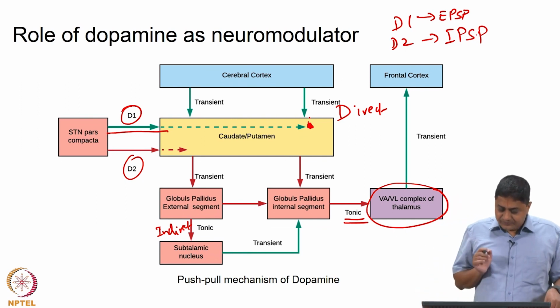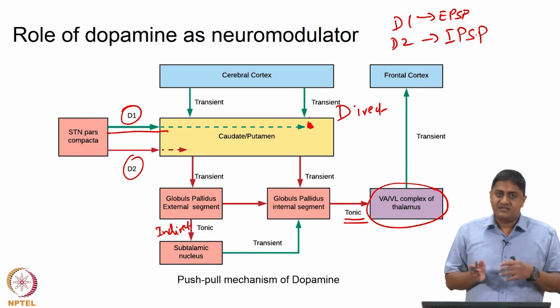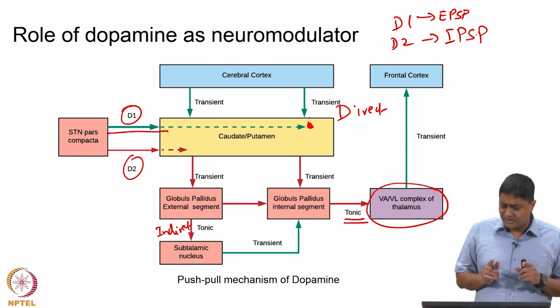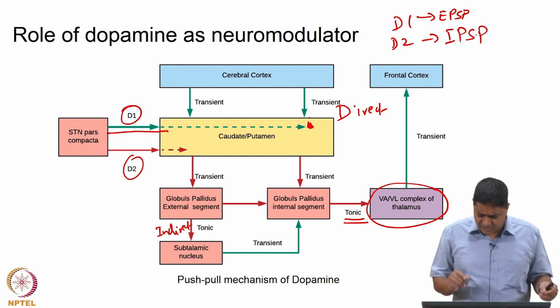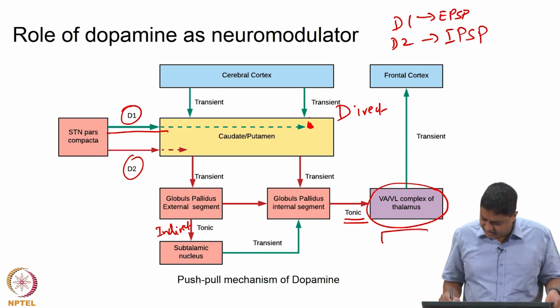So, this is how dopamine influences the cortical input that is getting received. Let us remember that these are not the only inputs. What is also happening is from the centromedian nucleus of the thalamus, not from the VA/VL nucleus, but from the CM nucleus of the thalamus.